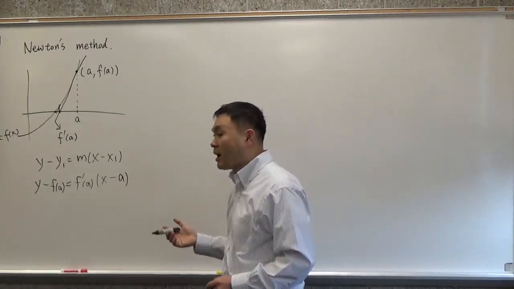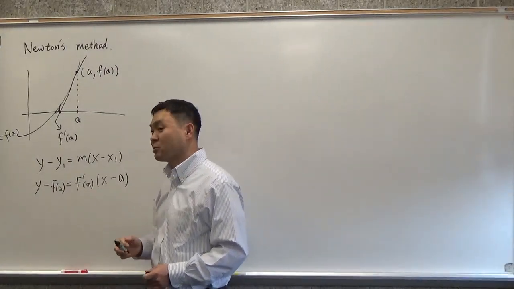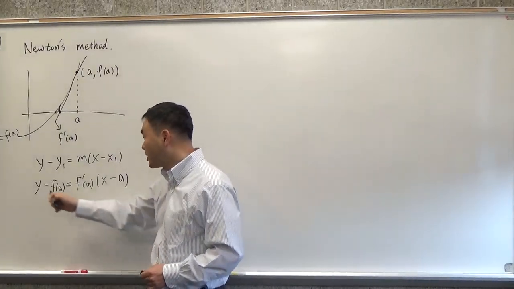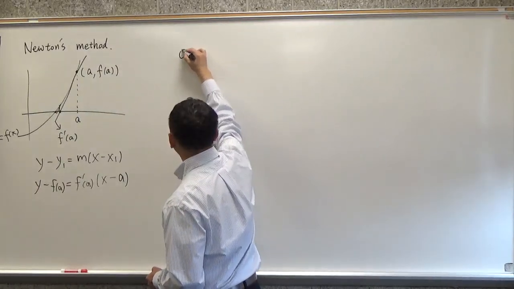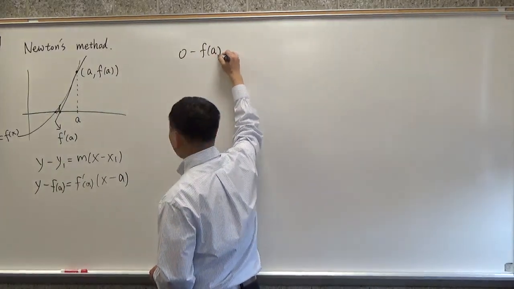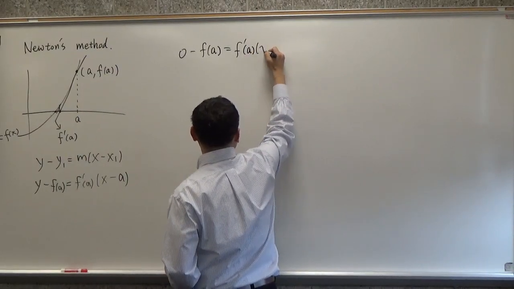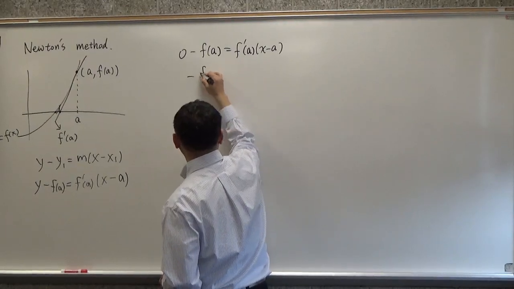And as I said, I want the x-intercept of this. How do you find x-intercepts? Set y equal to 0, yes. You set y equal to 0, and now we will solve this for x. It's divided by f prime of a.